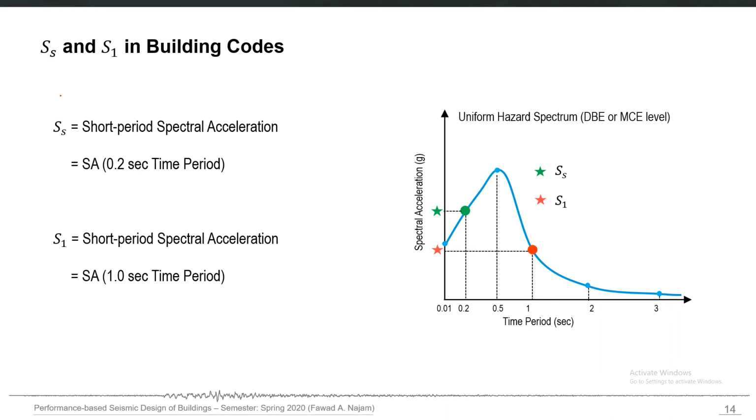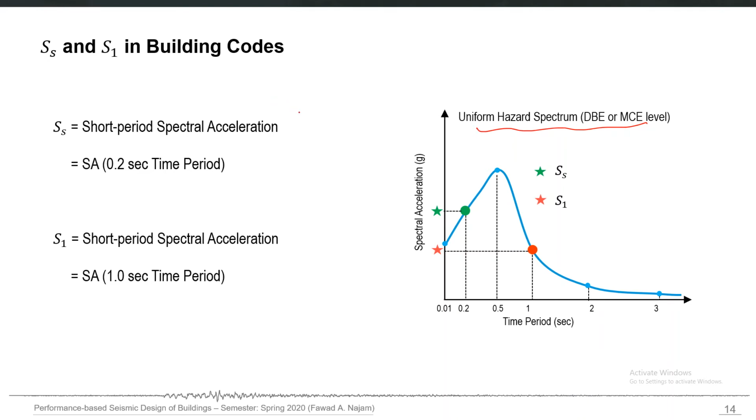So for example, two spectral accelerations on that response spectrum acceleration or UHS spectrum are fixed for the use of representing the level of seismic hazard in different building codes.